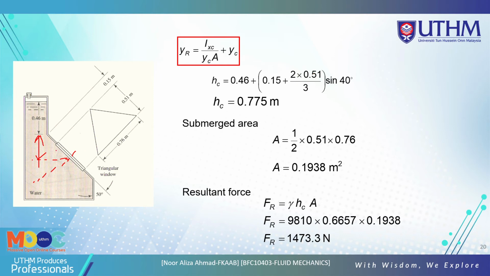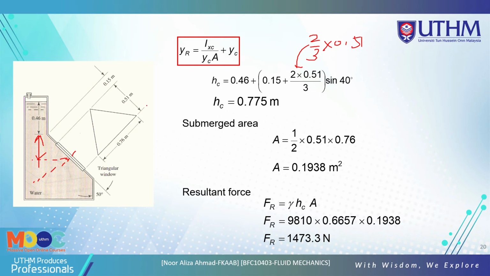Actually, 2/3 times this, because this is triangular, so you must find the 2/3 of this triangle. So you get the 3 times 0.51. Actually, it's the mathematical formula for this triangle to get the length.